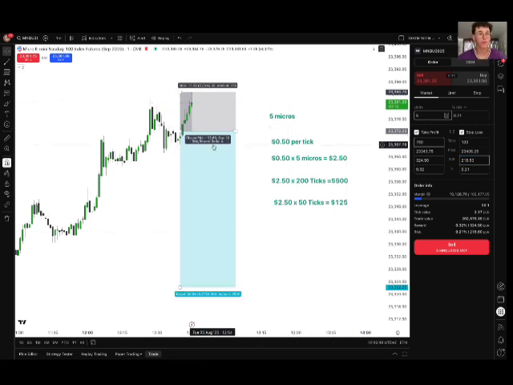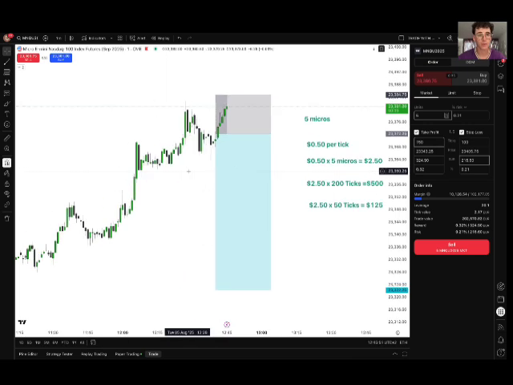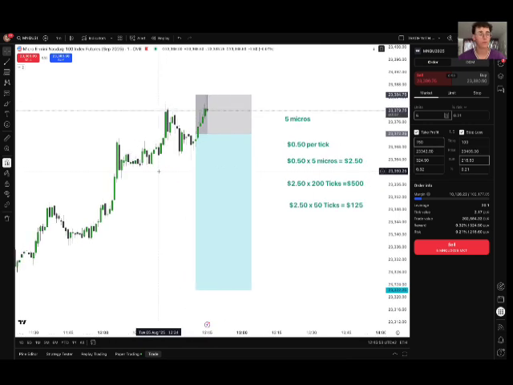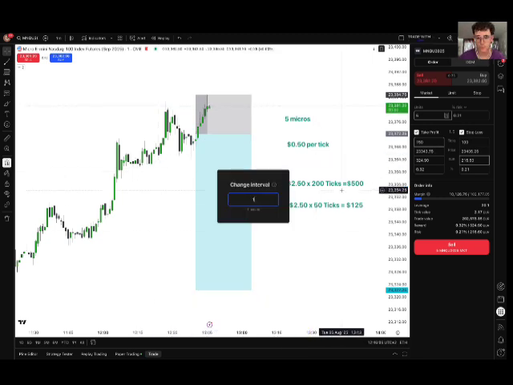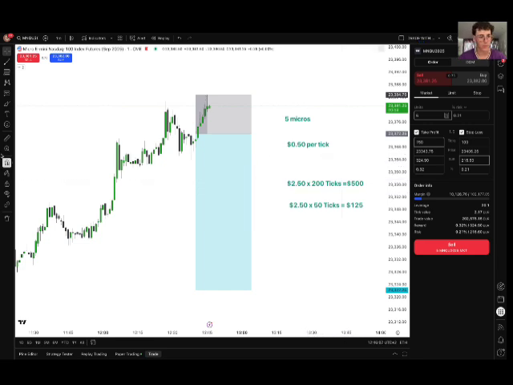So if you are going to put a trade with 2 micros, you're simply going to do 0.50 because that's how much per tick costs of a contract. And if you're in with 10 micros, for example, you're going to do 0.50 times 10. How much is that? 0.50 times 10 is $5.